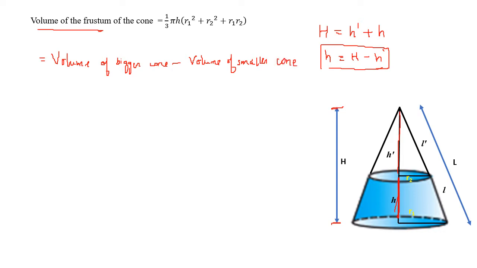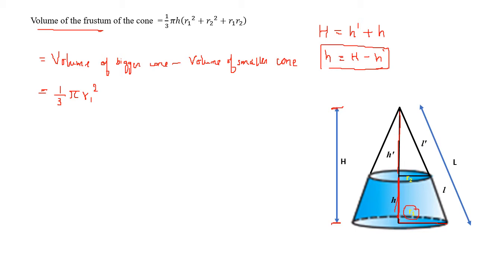The volume of bigger cone will be, what is the formula? 1 by 3 pi r square. So which is the radius of the bigger cone? You can see it is r1. So I'll write here r1 square.